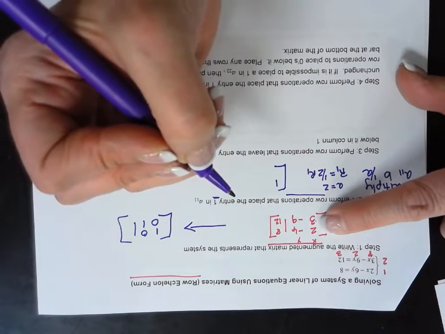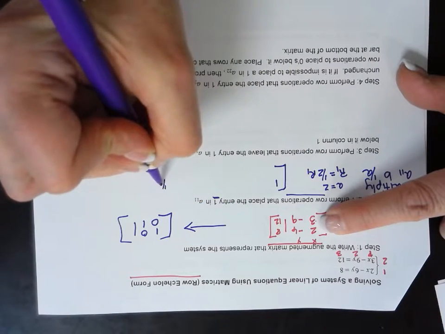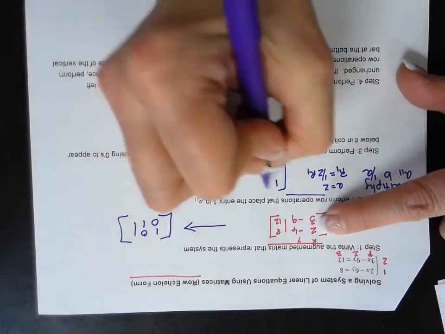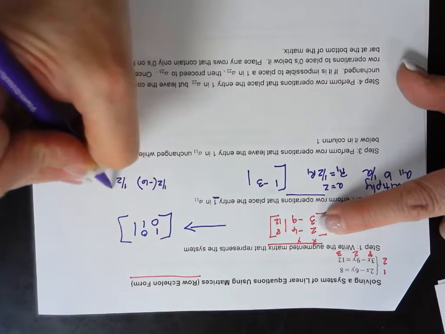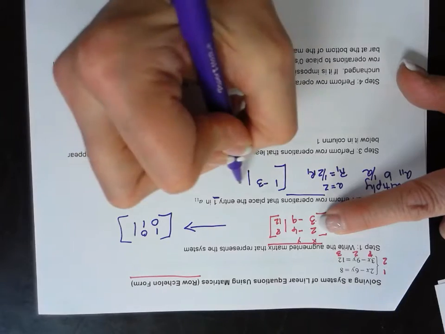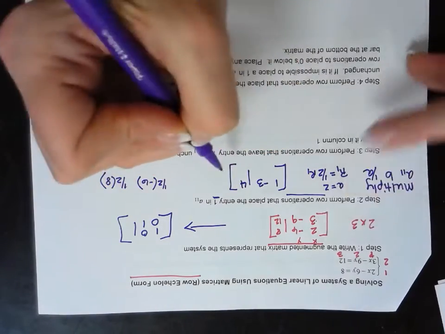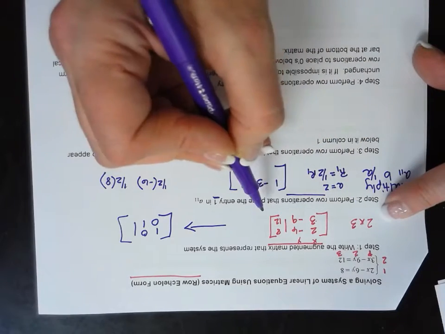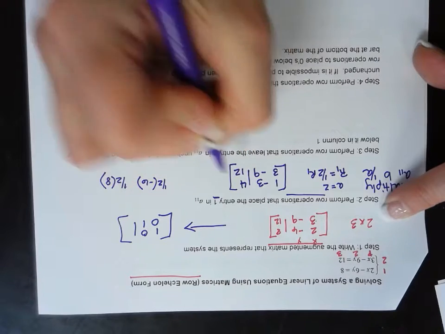Good, because that's what I wanted. 1/2 of -6 is going to be -3. And 1/2 of 8 is going to be 4. Didn't do anything with the second row, so it just comes along for the ride on this one.